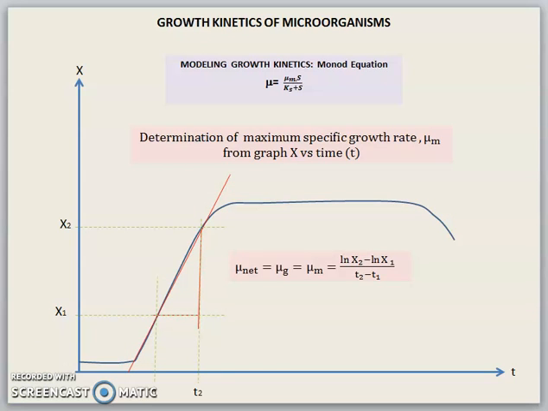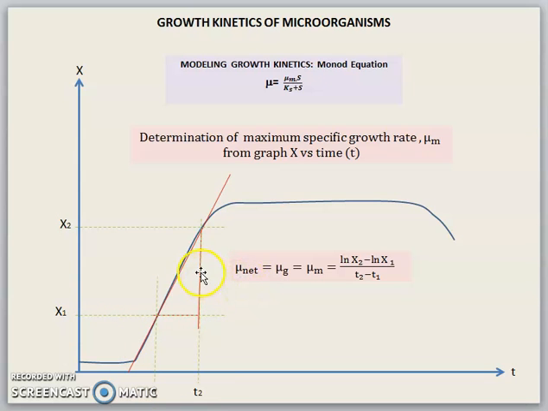How to find the maximum specific growth rate? This maximum specific growth rate can be identified from the exponential phase. So how to find it? From the slope here, you find the values of x1, x2, t1, t2.